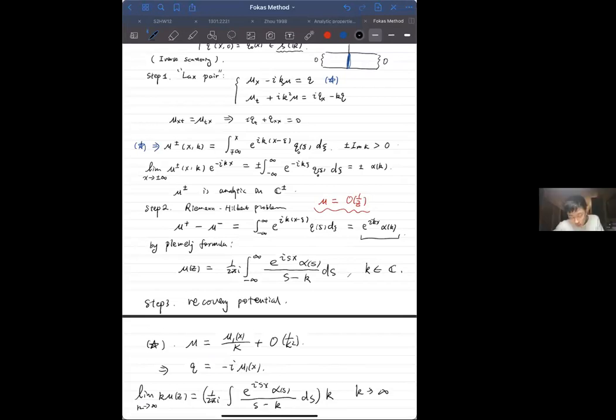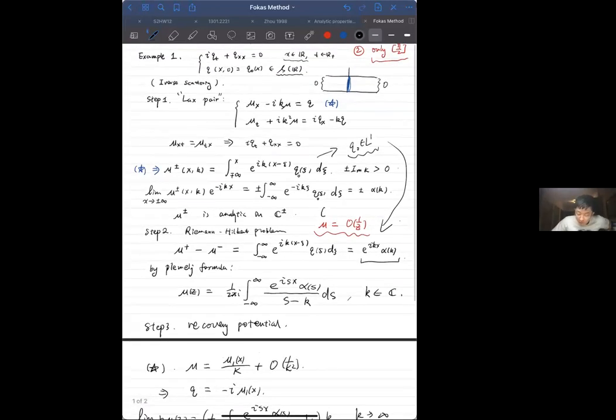I said, what kind of asymptotic do you assume for mu at k infinity? Why do you have such an asymptotic assumption? This is from integration by parts. You integrate by parts and you just get this decay. It's very simple. If the initial data is in L1, that's sufficient to guarantee this kind of asymptotic. But we are working with Schwarz data, so even better.